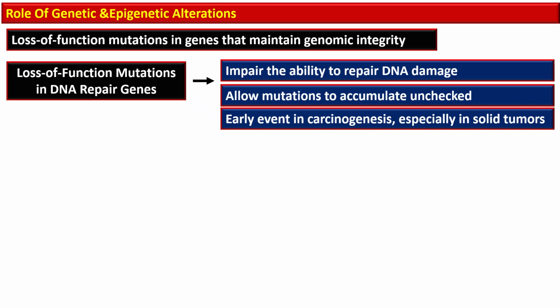So the loss of function mutation in DNA repair genes, which are responsible for maintenance of genomic integrity, impairs the ability to repair DNA damage, allows mutations to accumulate unchecked over time, and is often an early event in carcinogenesis, especially in solid tumors.